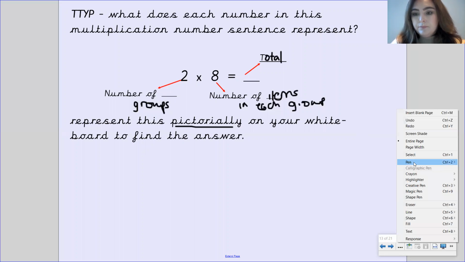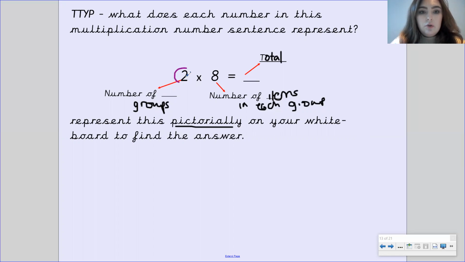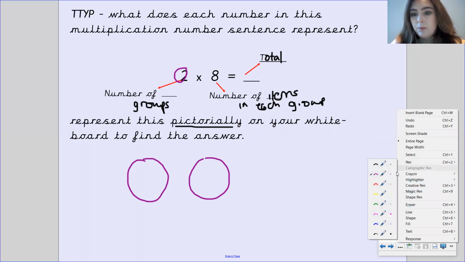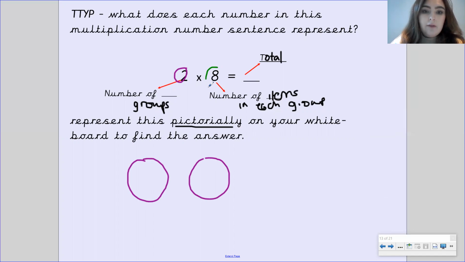Okay, so we have got 2 groups, which means I'm drawing 2 circles. 1, 2. Then we know that in each group we have got 8. So we're going to draw 8 dots in each circle.